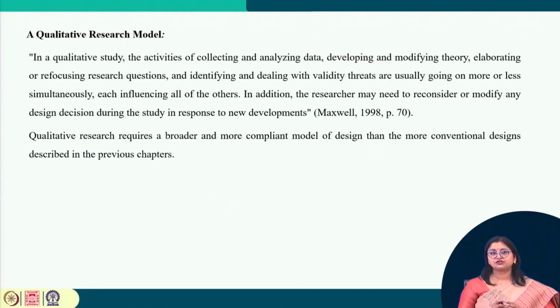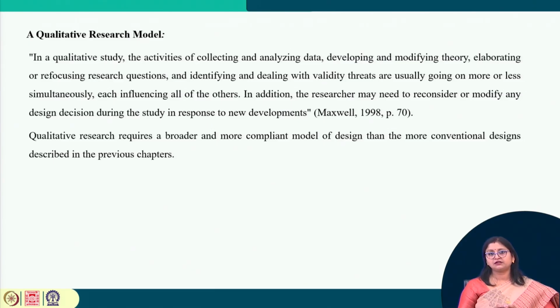A qualitative research model was given by Maxwell. He mentioned that in a qualitative study, the activities of collecting and analyzing data, developing and modifying theory, elaborating or refocusing research questions, and identifying and dealing with validity threats are usually going on more or less simultaneously, each influencing all of the others.